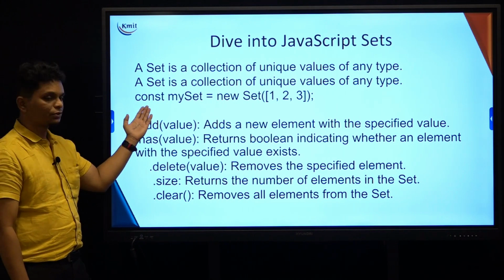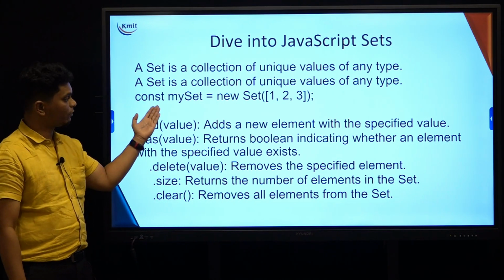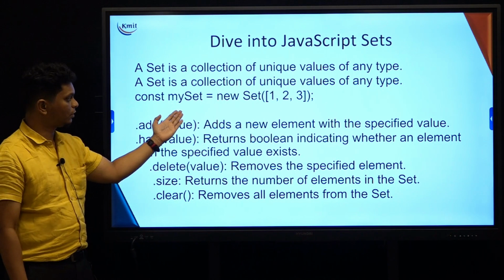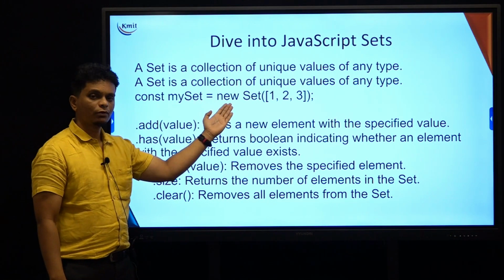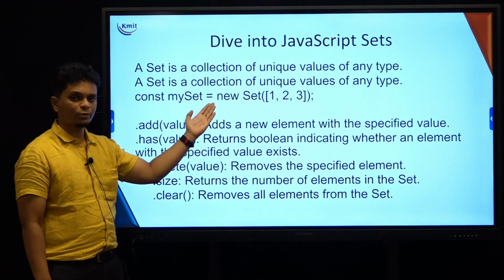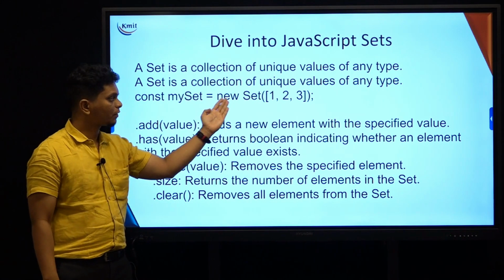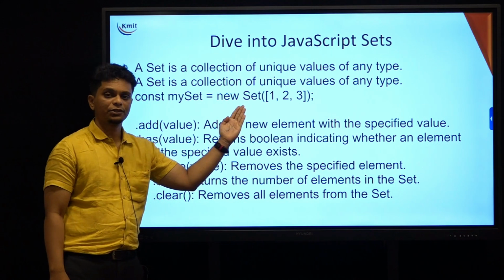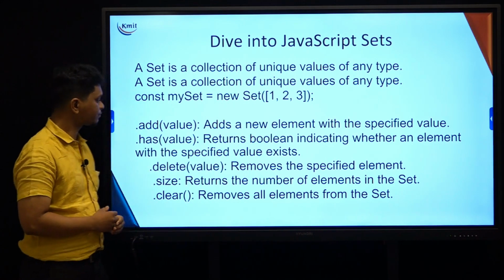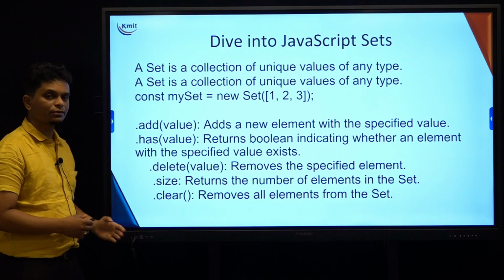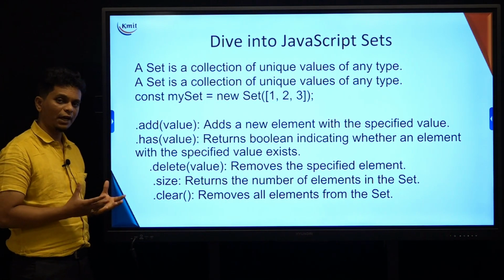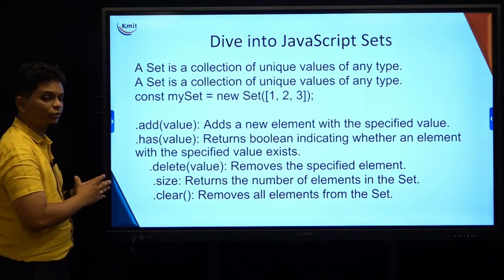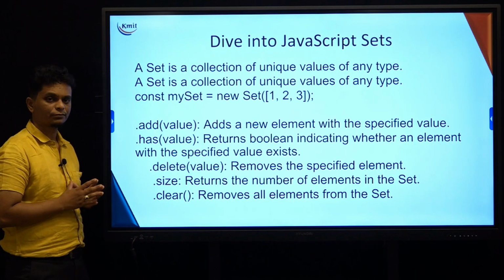We use a const variable equals new. New is an operator that is used to allocate memory, followed by the Set keyword and the values. And these are the various methods we have in hand to perform various operations on sets.